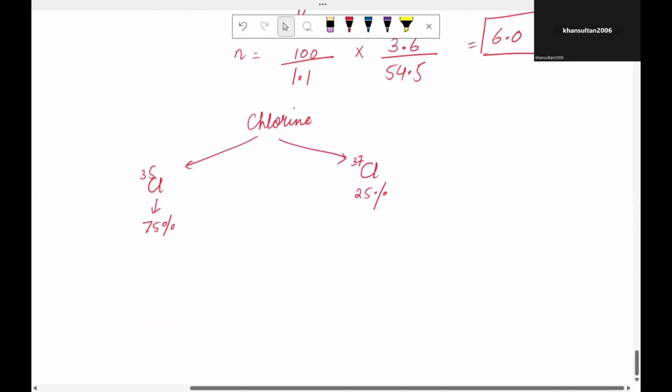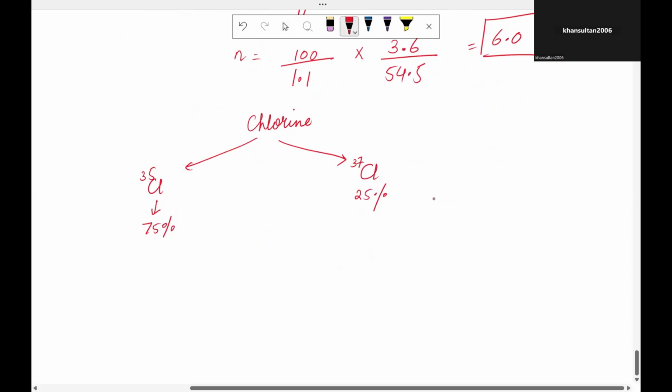And now we have another situation. This is 75%, so this is present in 3:1 quantity. Now we have CH3Cl. We know this Cl has a mass of 35, and the other CH3Cl has a mass of 37.